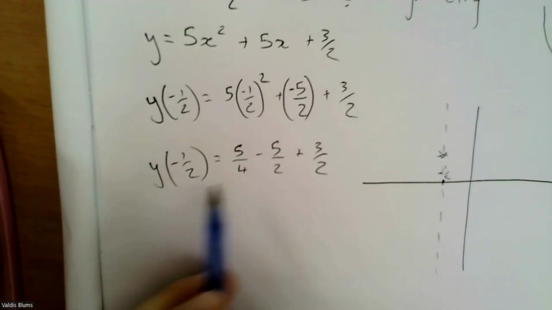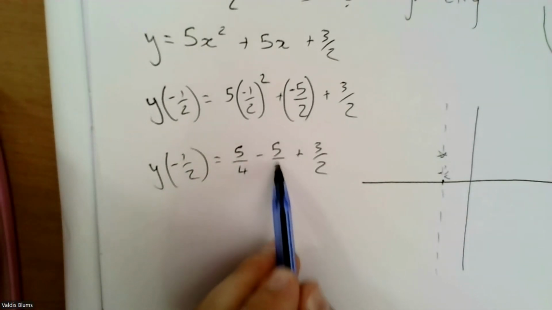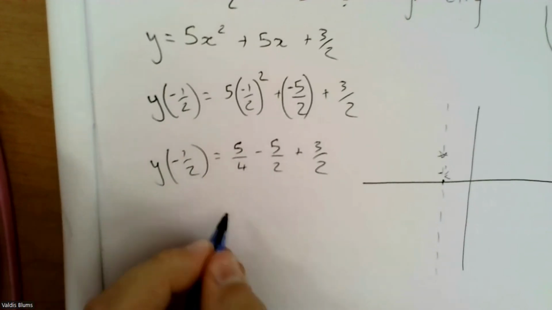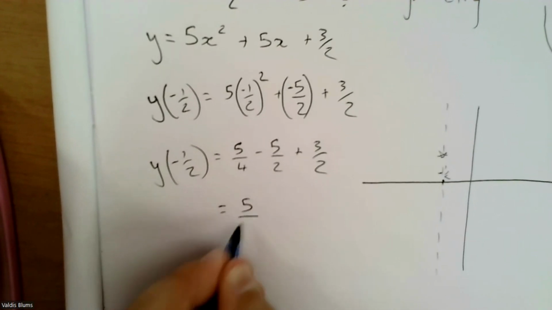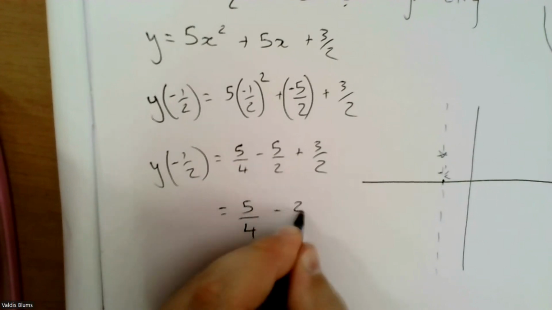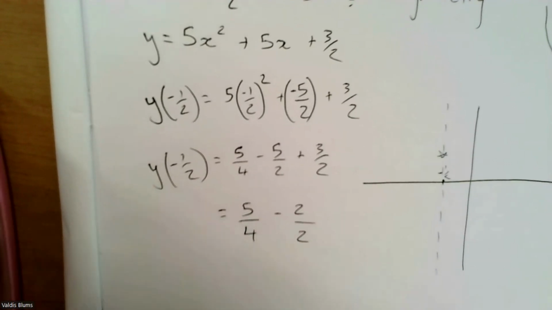Okay, so let's simplify as we go. So we have this one on 2 as the denominator, this one on 2 as the denominator. That's equal to 5 on 4. So 3 minus 5 is minus 2 on 2.